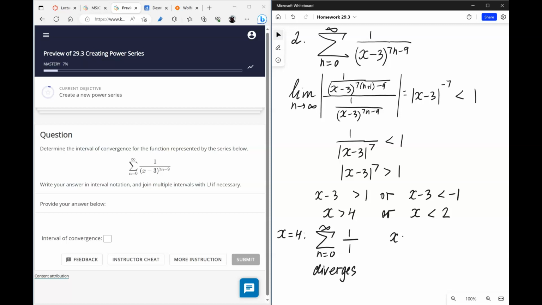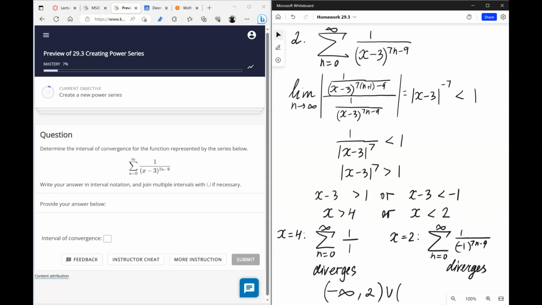And when you set x to be 2, you end up with negative 1 to the power 7n minus 9, which also diverges. So we don't include the boundary points. Now in interval notation, the interval of convergence will be expressed like this.